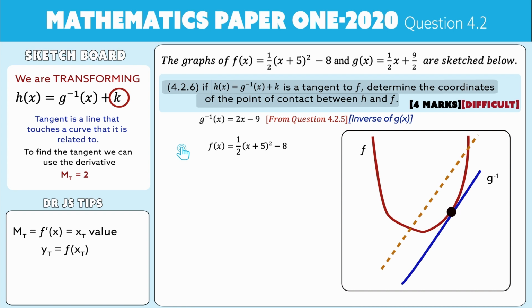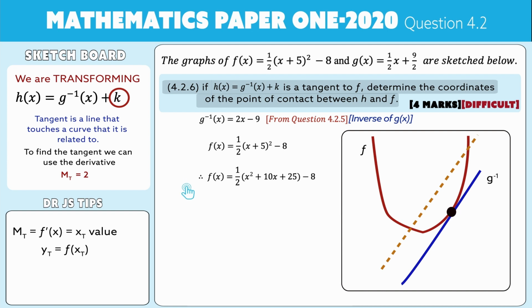Well, for me to be able to differentiate f of x, I quickly need to distribute this. So we're going to get f of x is equal to a half times x squared plus 10x plus 25, minus 8.